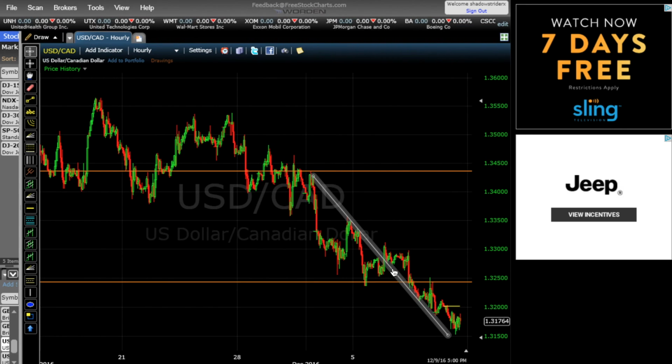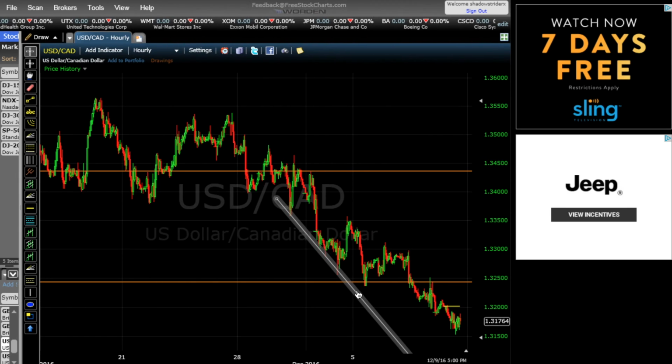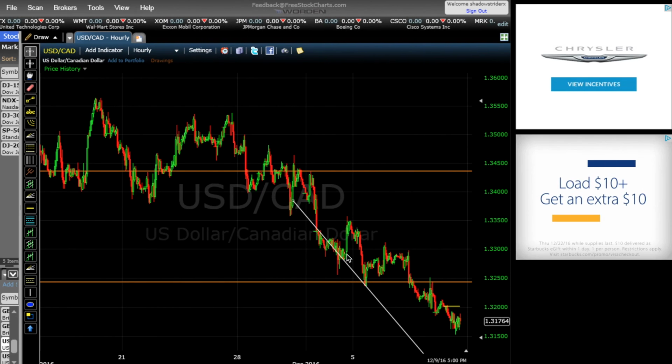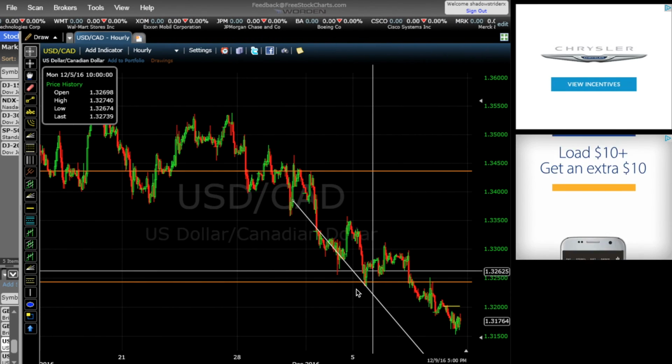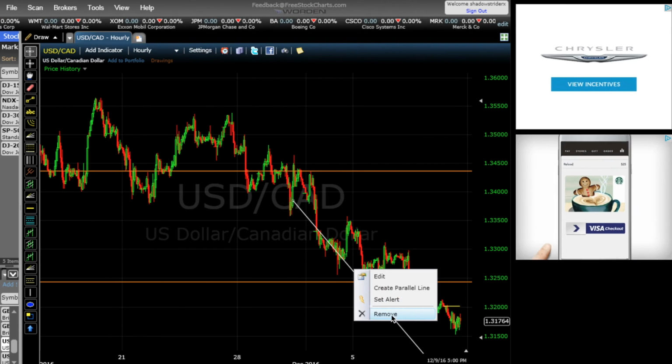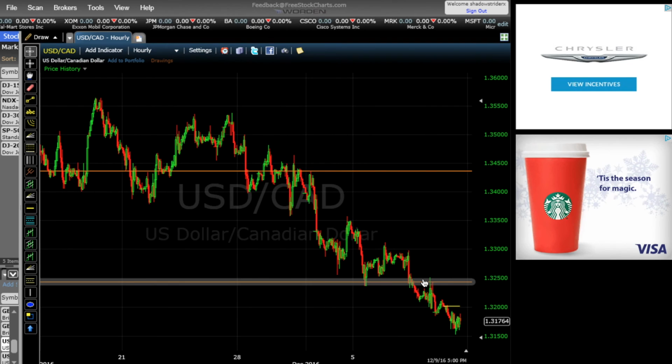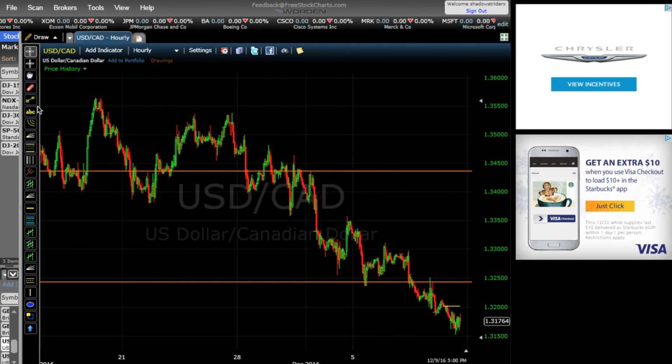And likewise, you would take the same exact line, draw a parallel, and while this is not a clean fit, you could see that the market bounced off this value. And this orange line is a major resistance point. That's a daily low. And so these are just the trend lines that you guys need to watch out for.